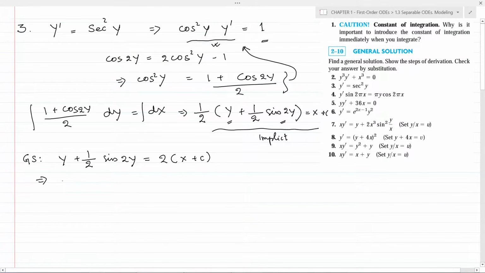In the left hand side, if we differentiate it with respect to x, we get y dash plus half sin 2y, its differentiation will be 2 cos 2y y dash, because we are differentiating with respect to x, and the right hand side will be 2.